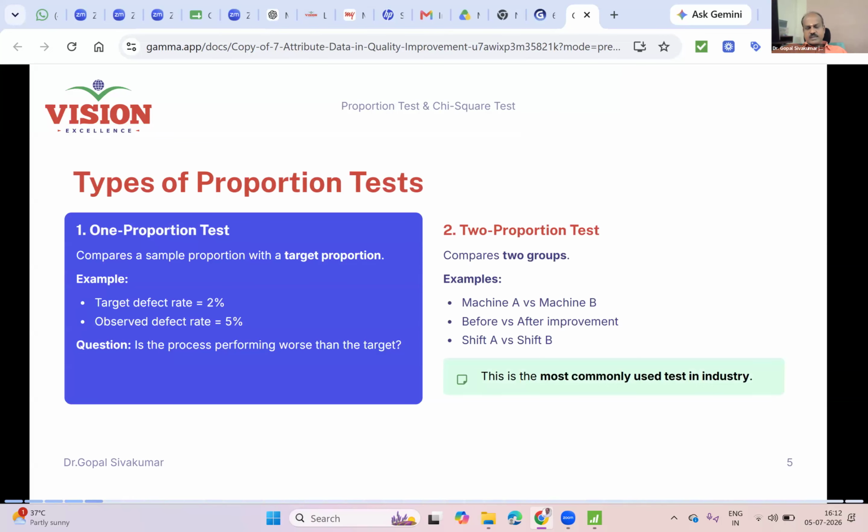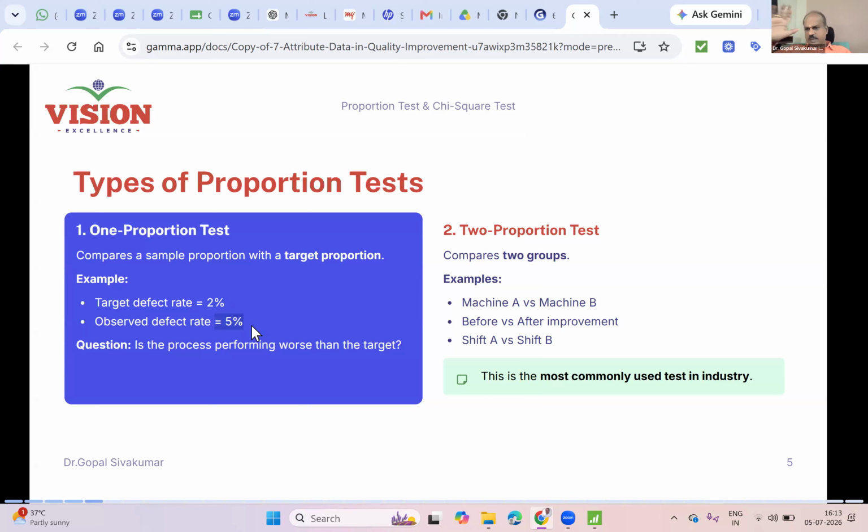When it comes to proportion, there is one proportion test and there is two proportion test. One proportion test means the observed proportion is compared against a reference proportion. For example, in my company, for all critical processes, the permissible rejection is 2%. The permissible rejection is the reference, but the observed rejection is 5%.